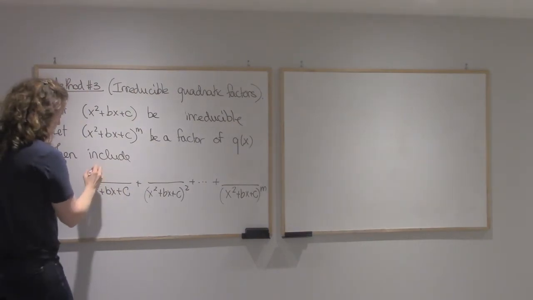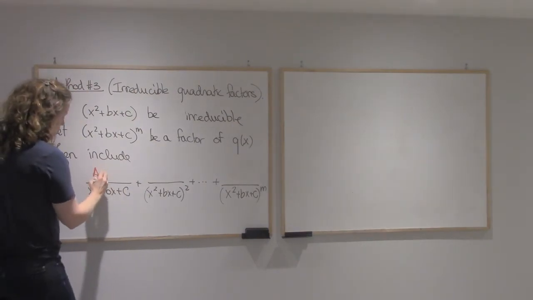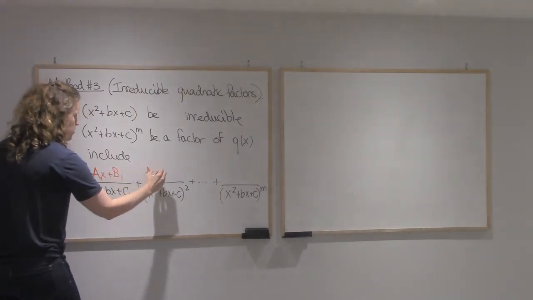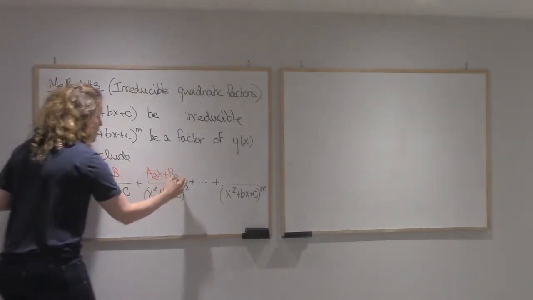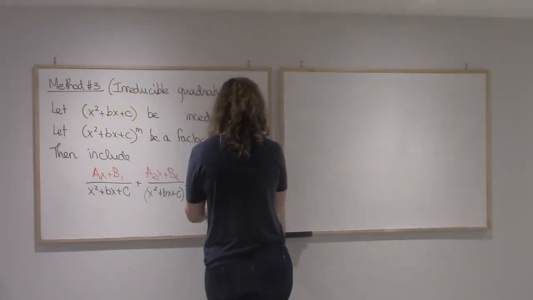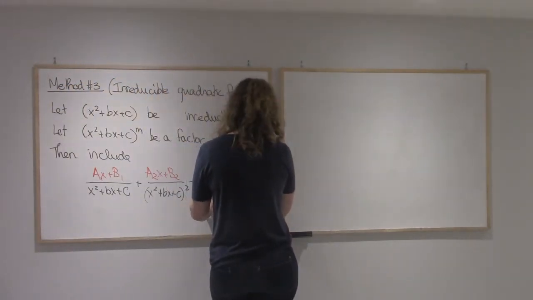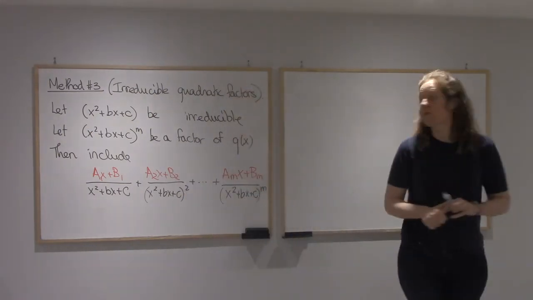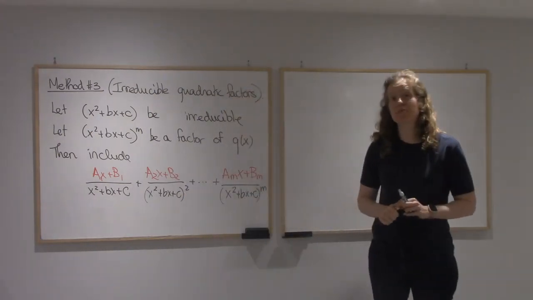So here I'll have a1x plus b1. I'll have a2x plus b2. I'll have anx plus bn. Alright, so the top is where the difference is.